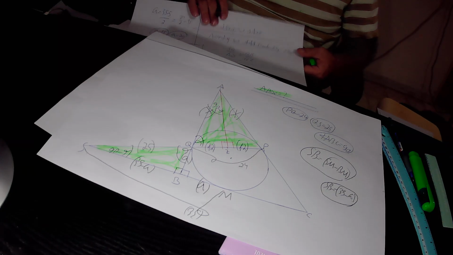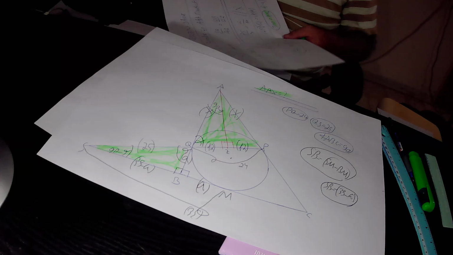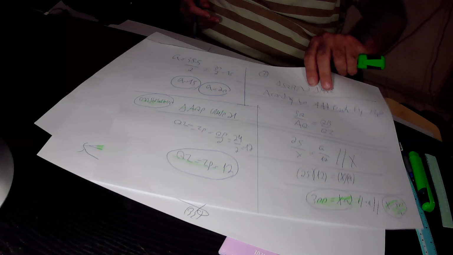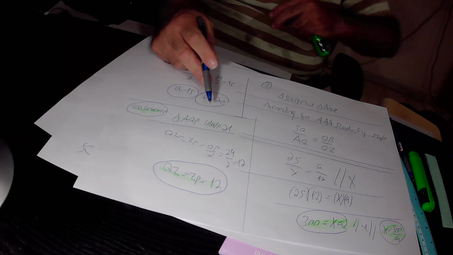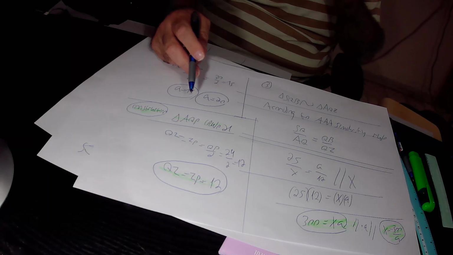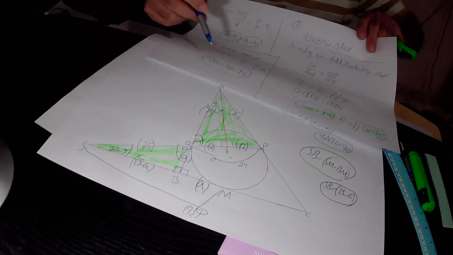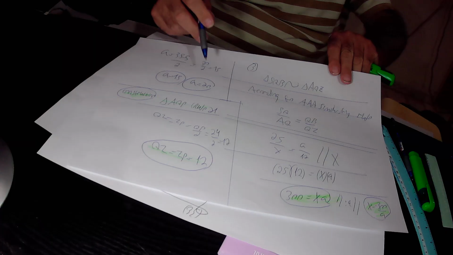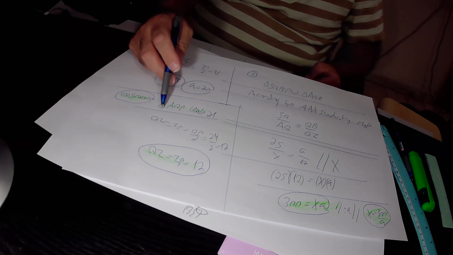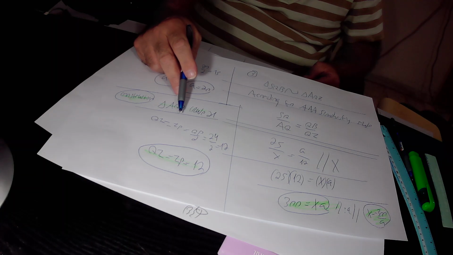Okay, again, in the associated triangle AQP, according to rule 21, the perpendicular AZ bisects the base QP into two halves. The first half QZ, of course, equals the second half ZP.